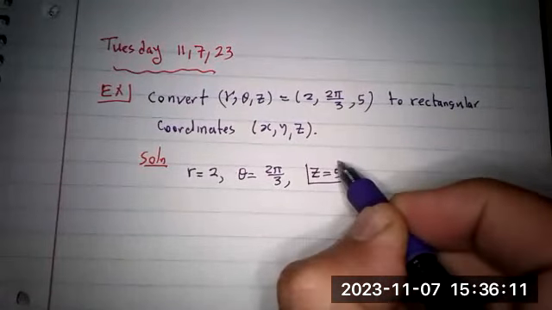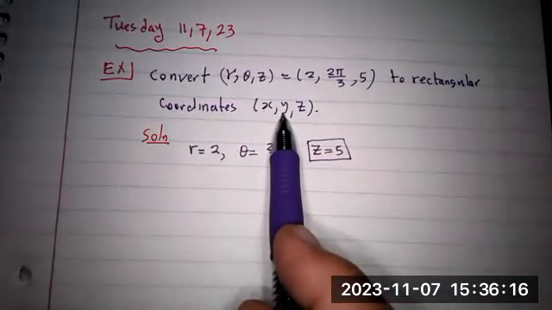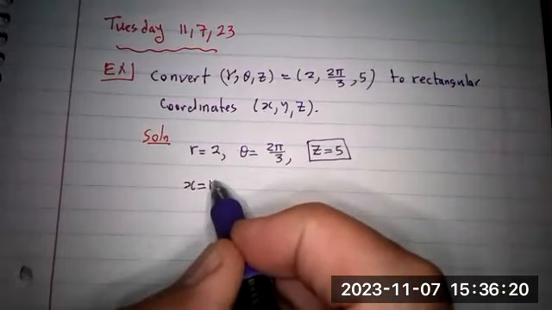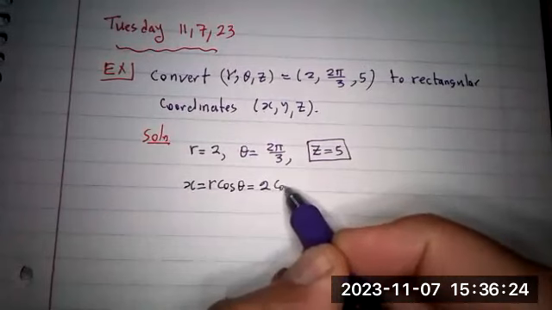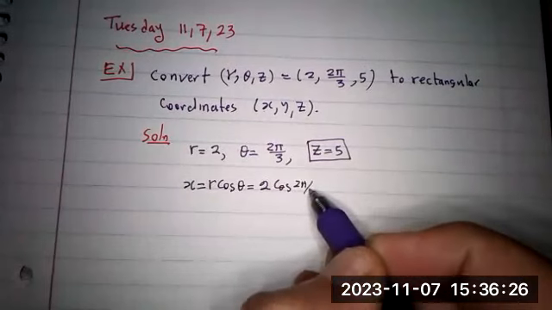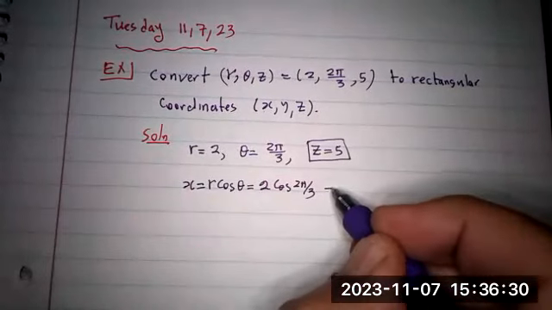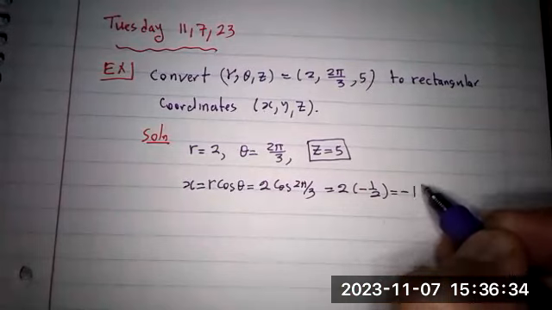The z would be unchanged. So you have to find the x and the y. We know the formula for x in polar coordinates: x is r cosine of theta. Substituting, it's going to be 2 cosine of 2 pi third. 2 pi third is in the second quadrant, the cosine is negative 1/2. So it's 2 times negative 1/2, which gives you negative 1.